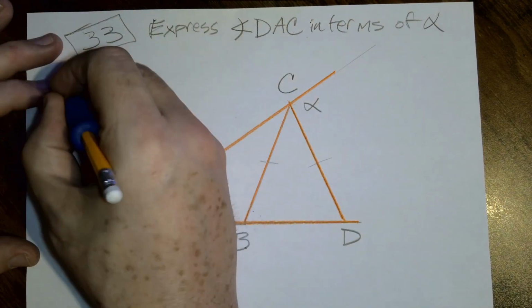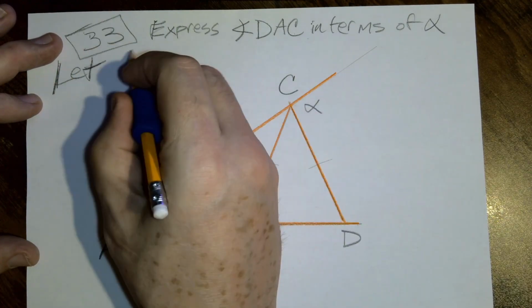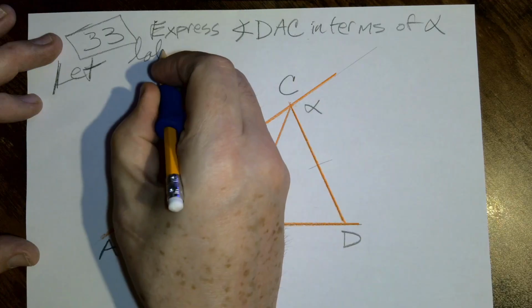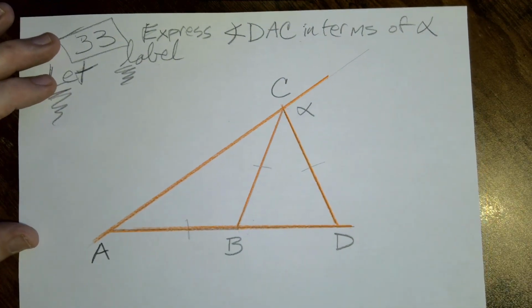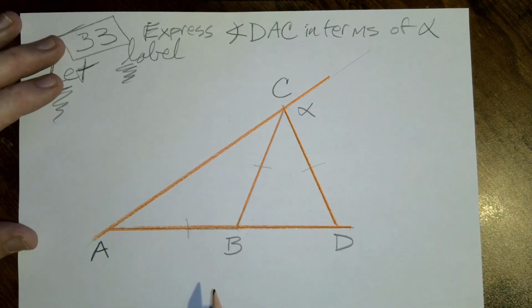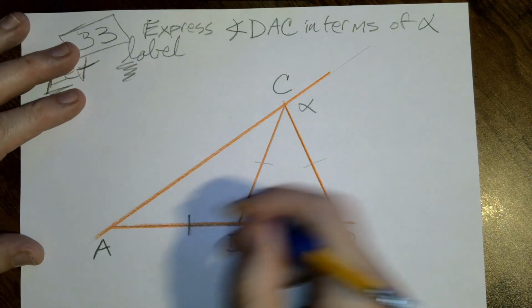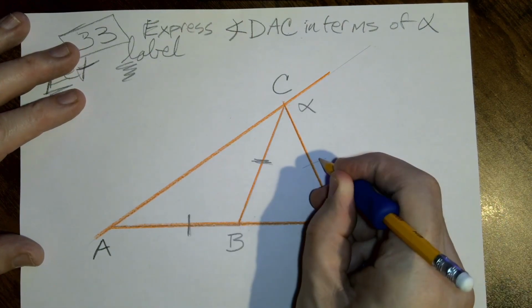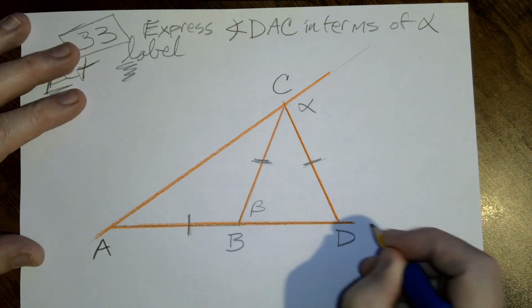Okay, so the most powerful word in mathematics, let. So let's label some things. Let and label both begin with the letter L. So because of this point here, let's call this beta.